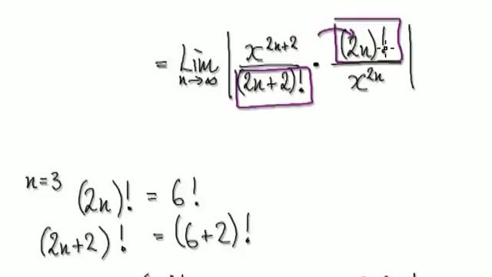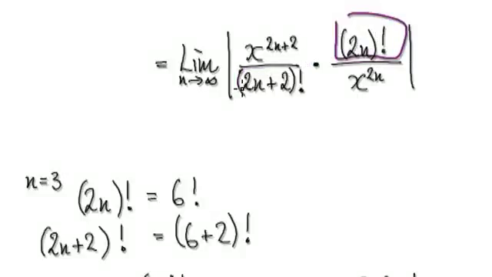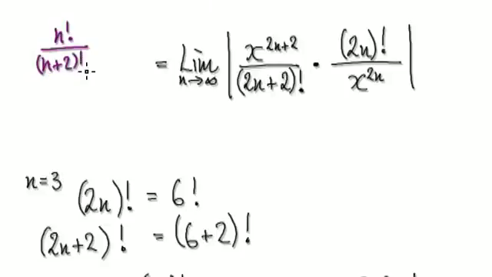What does (2n)! even mean? If you have (2n)! divided by (2n+2)!, what does that mean? In the past, we had something like n! over (n+2)!.